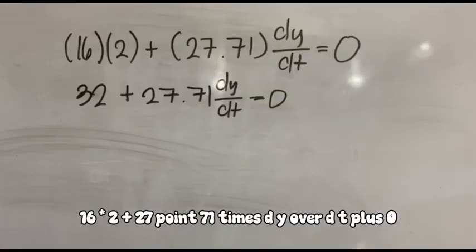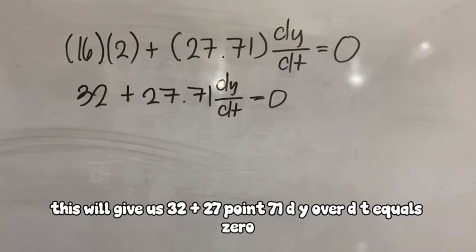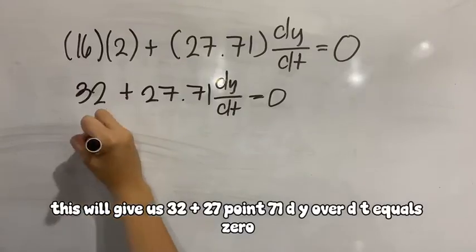16 times 2 plus 27.71 times dy over dt equals 0. This will give us 32 plus 27.71 dy over dt equals 0.